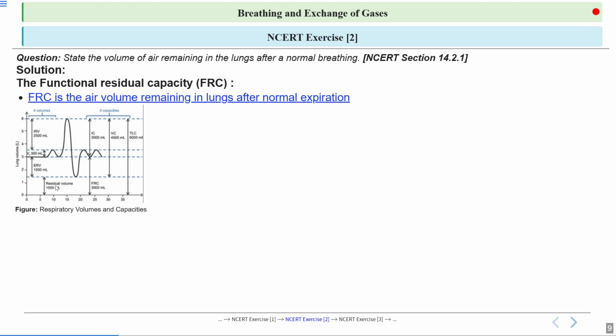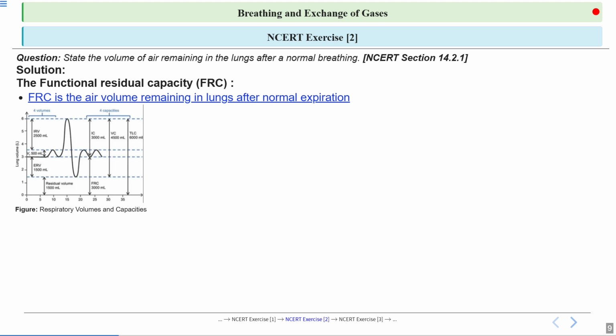So what is the residual volume? RV. Residual volume is the volume of air that remains in the lungs even after a forceful expiration. Even when you forcefully expire, there is still some air left in the lungs.